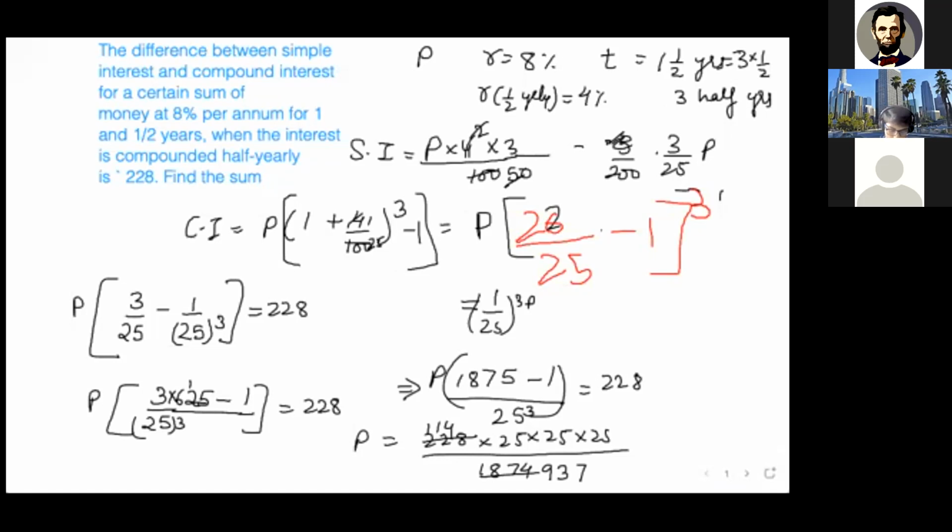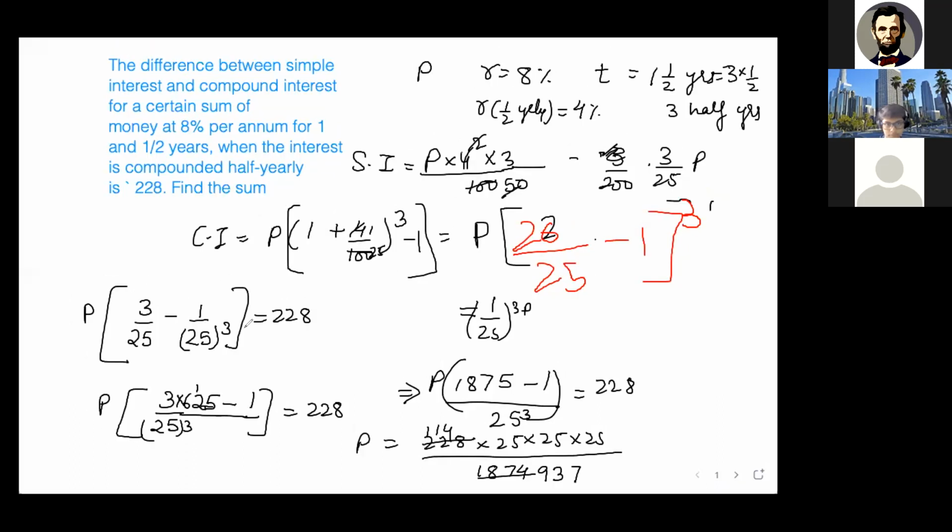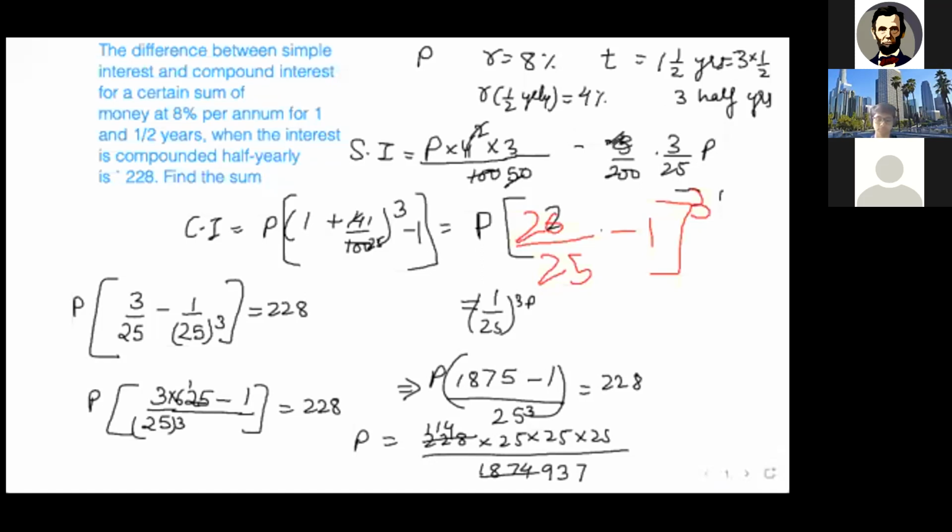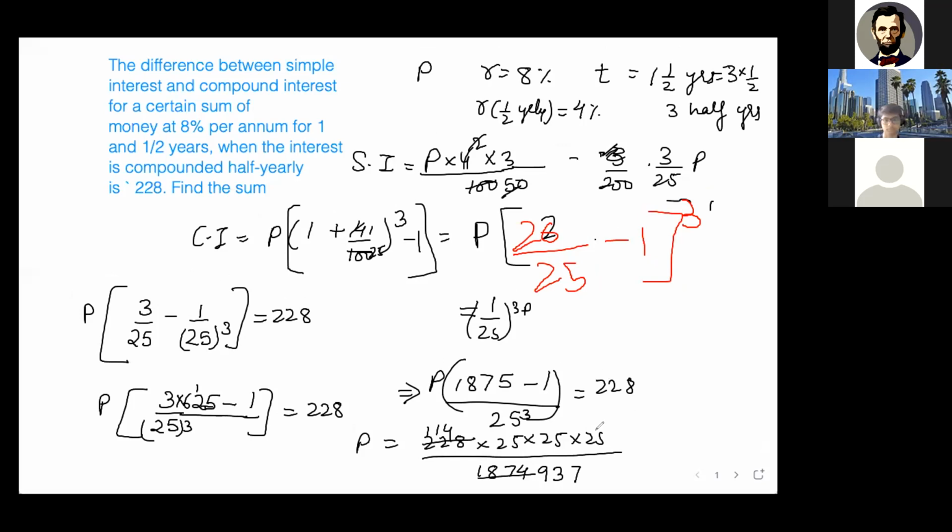Is that also a wrong calculation? Anyone getting it? Okay, from here, if you have a calculator, just calculate and see if you're getting the correct answer.